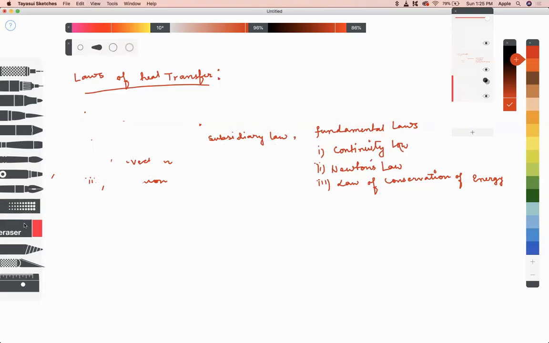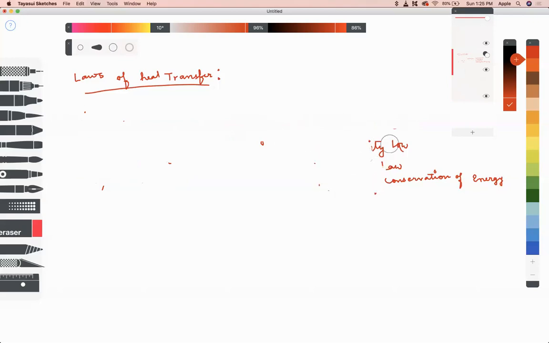It's not erasing properly. Rather than erasing, I think we can just move on to the next page. And I'm using it for the first time, so guys, please bear with me. All right.